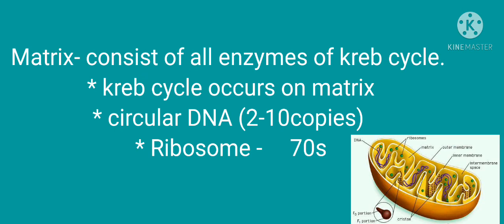As the mitochondria have their own DNA and ribosomes, they can replicate as well as synthesize their own protein. That's why they are known as semi-autonomous organelles. So this is about the matrix of mitochondria.